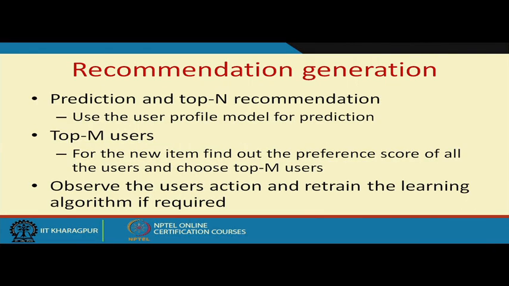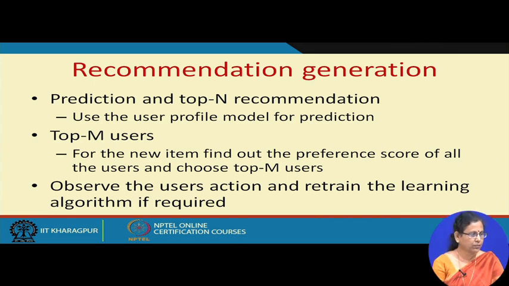And these are some of the things we have already discussed. This can be used for prediction and top N recommendation. Top M users can also be found for a new item. You can find out the preference score of all users and choose the top M users. This can also be one of the approaches.